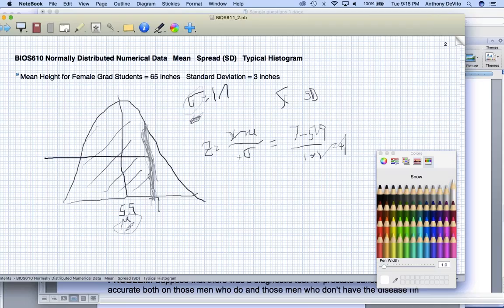Well, there are two ways I can solve this. One way is to use what we know about the shape of a normal distribution, and ask ourselves, what percentage of the outcomes would we expect to be between -1 and +1 standard deviation? Well, we know that's going to be 68%. If that's 68%, and the distribution is symmetrical, the mean cuts that in half.